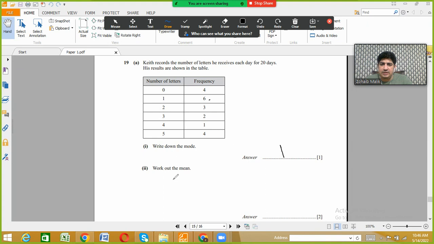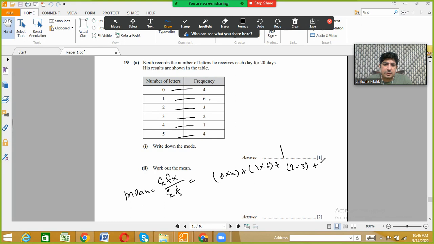So work out the mean. For the mean, the formula is sum of fx over sum of f. In another way, it means the product of these two numbers, and we have to find the sum and divide it by the total frequency. So this is 0 into 4 plus 1 into 6 plus 2 into 3 plus 3 into 2 plus 4 into 1 plus 5 into 4, and divided by the total frequency.